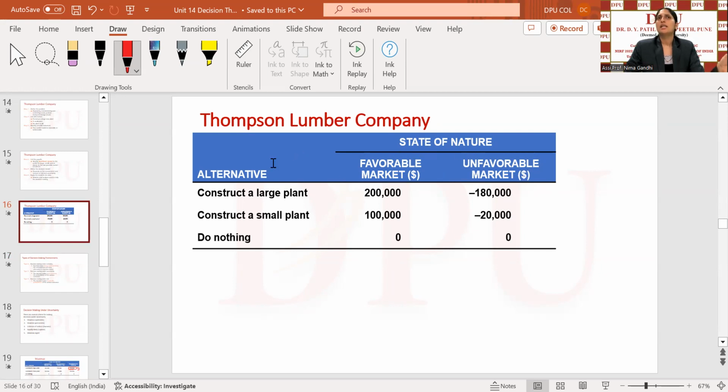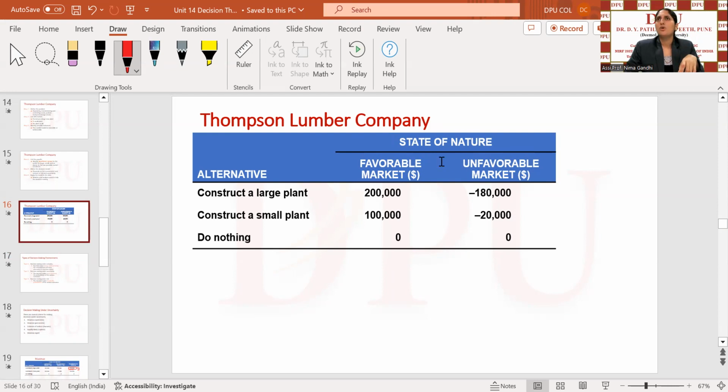You know there is a possibility that the market will be favorable or unfavorable, but you don't know the chance. Is the chance 50-50, or 80-20, meaning 0.8, 0.2, or the reverse, 0.1, 0.9? So accordingly, you are taking a decision.